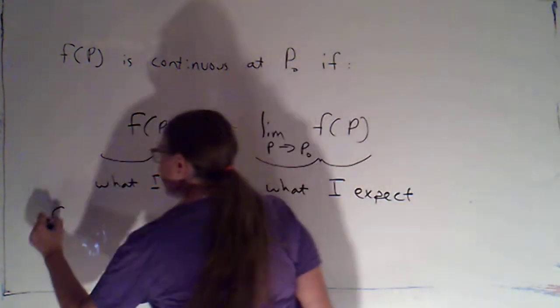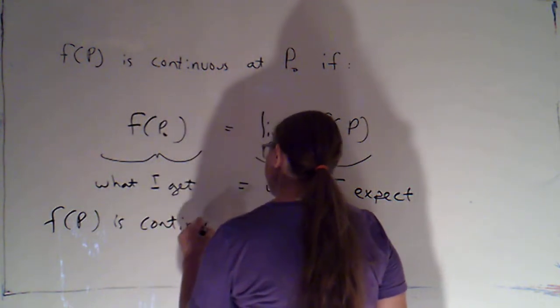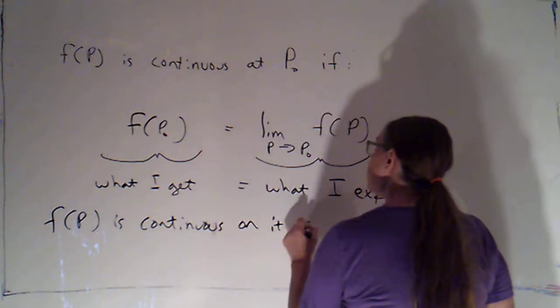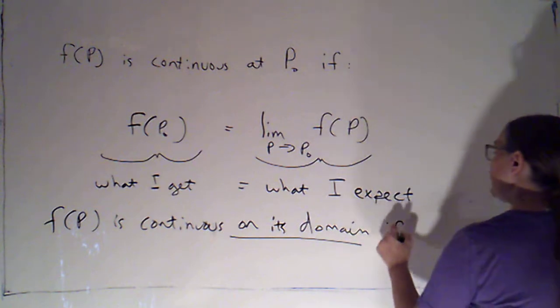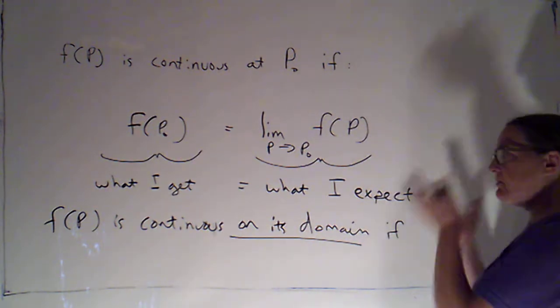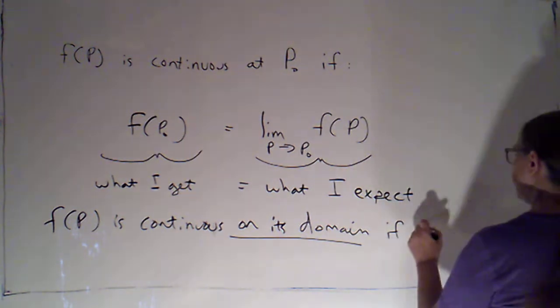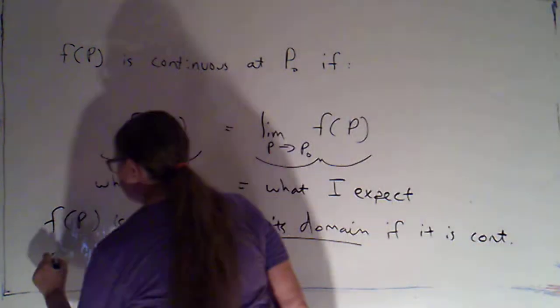And of course, we say f of p is continuous on its domain if this definition is given for individual points. We would just need that definition to be true at every point in the domain. So if it is continuous at every point in its domain.